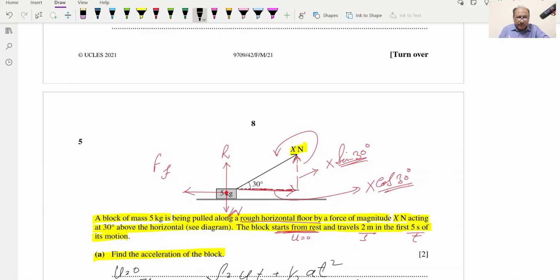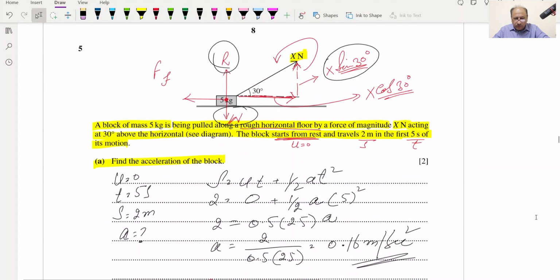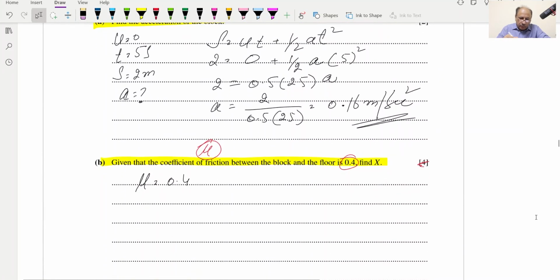Sigma Fy is equal to 0. Fy will be this force, and this force is also upward, and the downward force is W, the weight. So two forces are upward, R plus X sine 30 degrees, and this is equal to the weight.